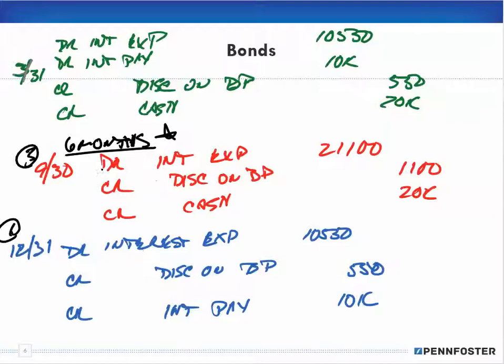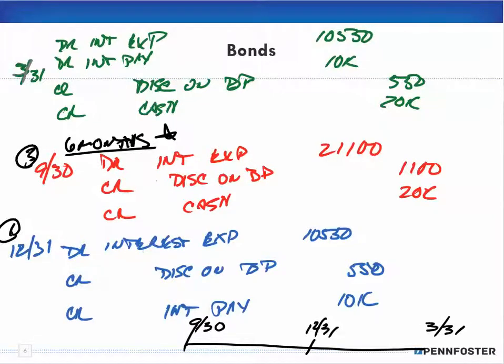Okay. However, rarely does the interest period end on December 31st. Okay. And because December 31st, we close out the books for the year end, we have to make some type of adjusting entry. So what you have to do is you have to figure out, this is 12/31, you have to figure out two different entries, okay, and prorate it, okay.